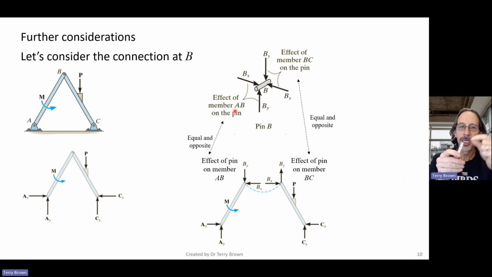So equal and opposite to that, we have BX and BY on the pin, exerted by the other part of the frame. And then the pin exerts BX and BY onto the frame. We need to obey Newton's third law all the way through, from one member through to the next.